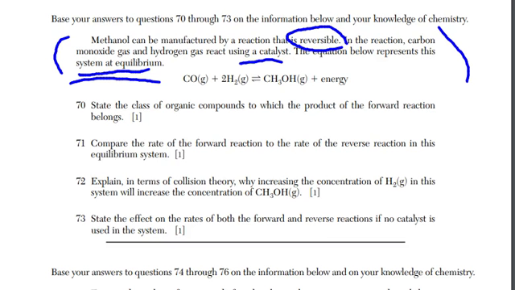For 70, it's asking you the class of organic compounds to which the product of the forward reaction belongs. In other words, here is the only product, and I'm looking for what organic compound group it belongs to.